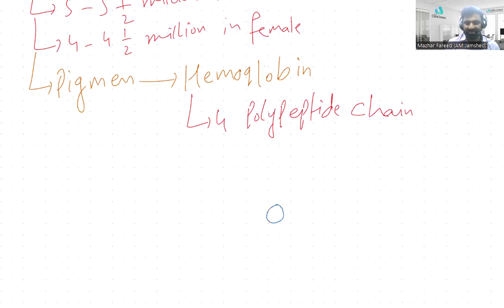It has four polypeptide chains. One hemoglobin molecule can carry four oxygen molecules from the lungs to all parts of the body.